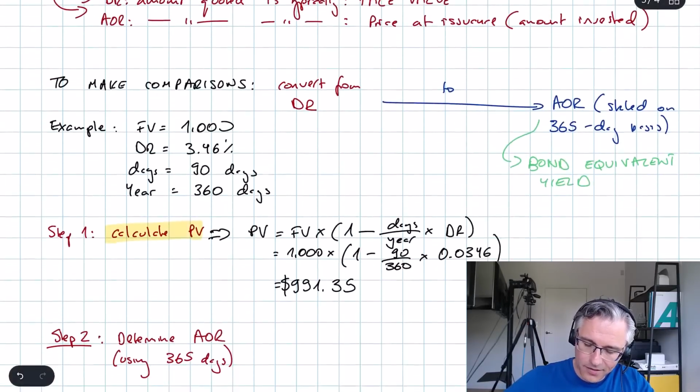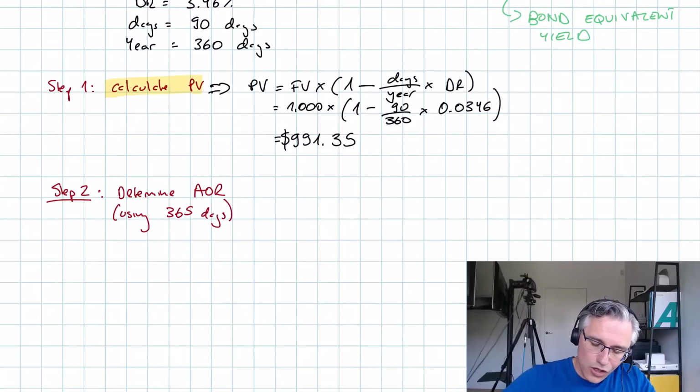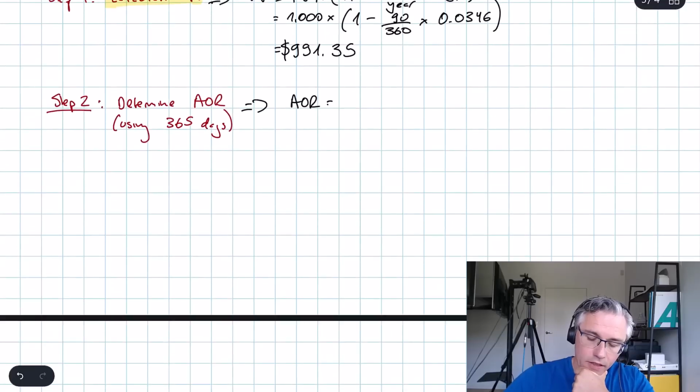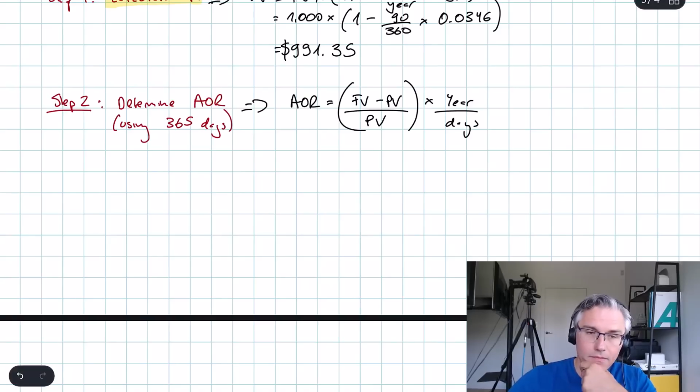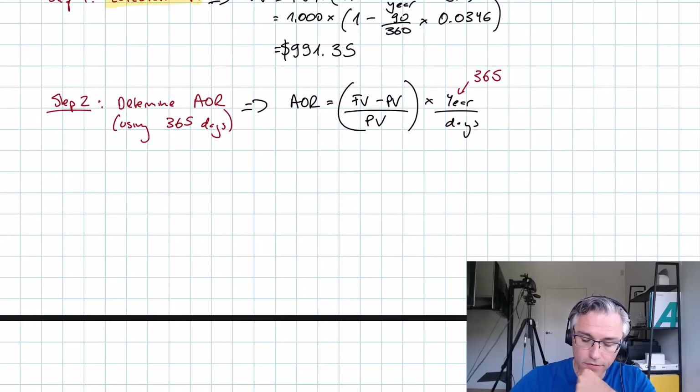That's the catch. So AOR effectively equals FV minus PV divided by PV, scaled by year over days, but here please use 365.